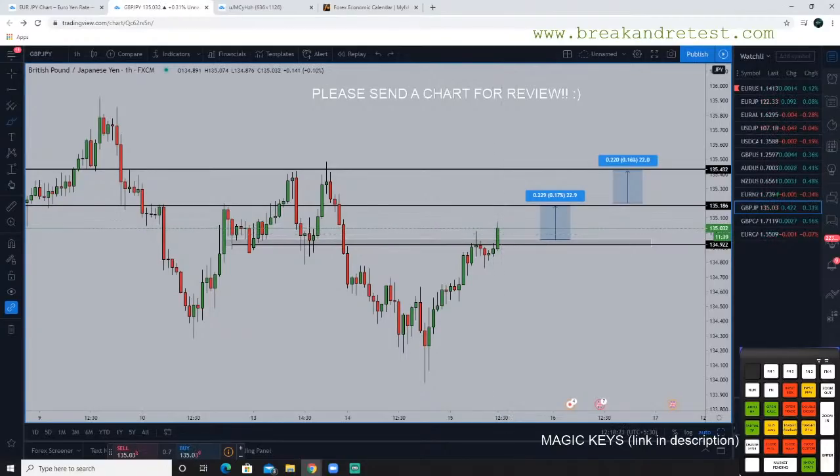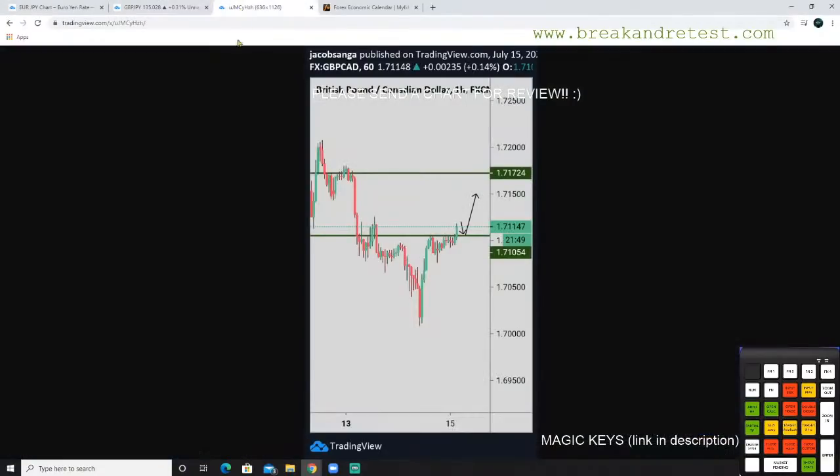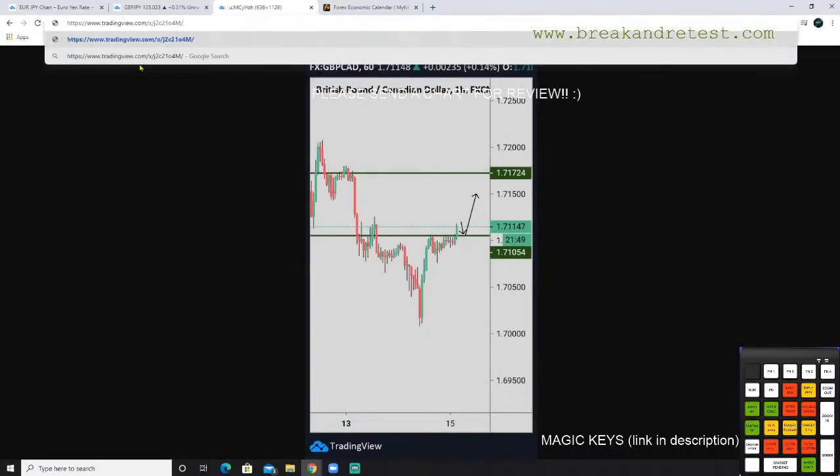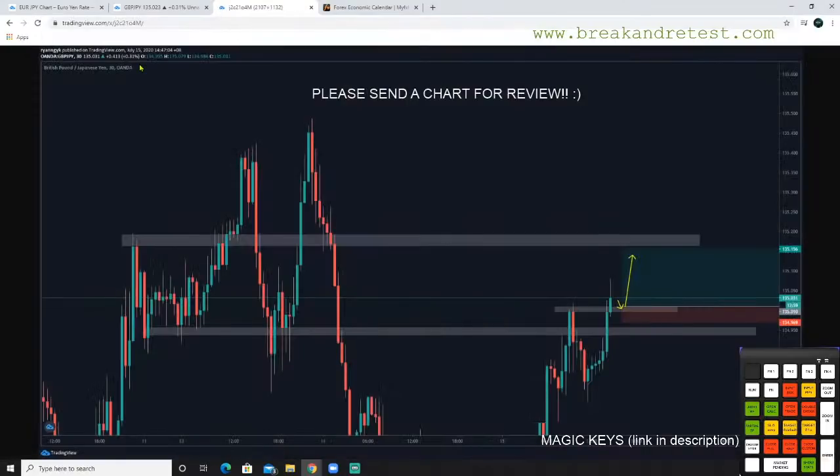Okay, let's take a look at Ryan's chart. Ryan, if you follow me for a week or two, you have to know that I don't trade lower time frames, which means nothing lower than 1 hour.